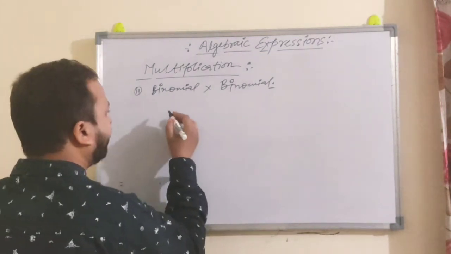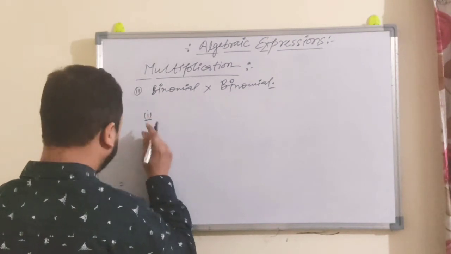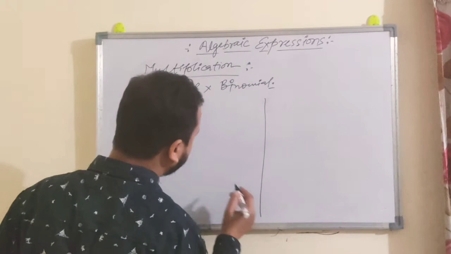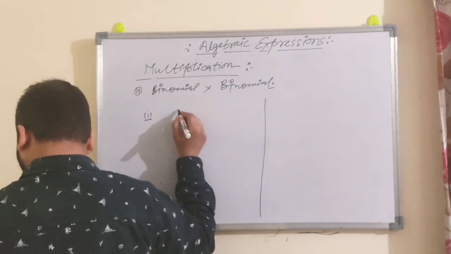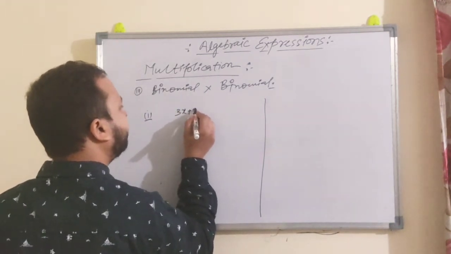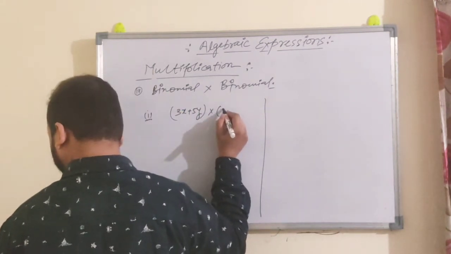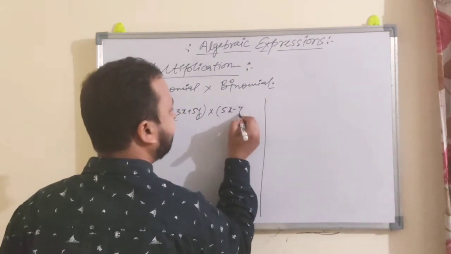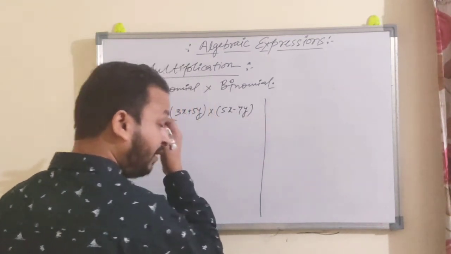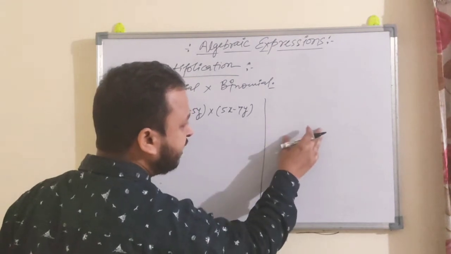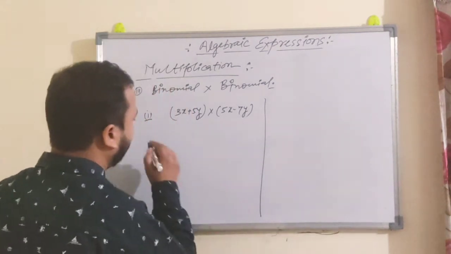So I am taking one question and applying both methods, which means I am going to solve this question by both methods. The question is 3x plus 5y, and we have to take the product with 5x minus 7y. So here I am going to solve it by the horizontal method, and here by the column method.